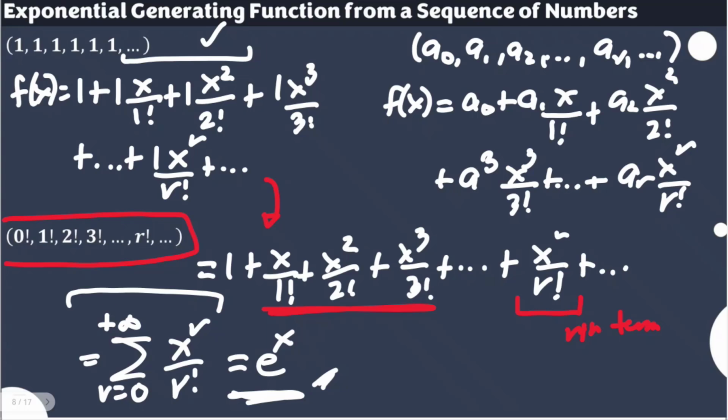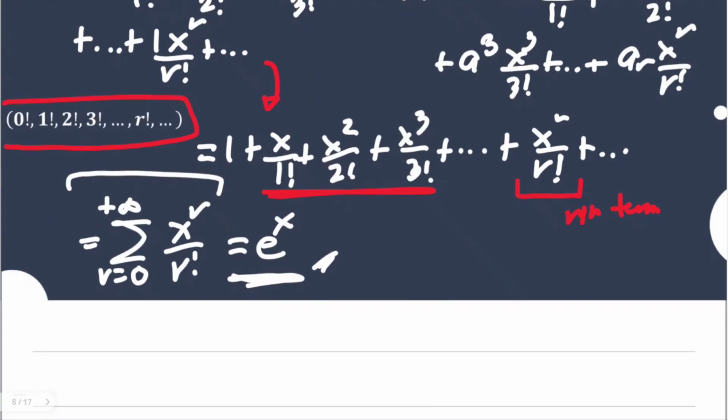Now let's proceed to our second item. The second item has 0 factorial, 1 factorial, 2 factorial, 3 factorial, until you have r factorial, and so on and so forth.